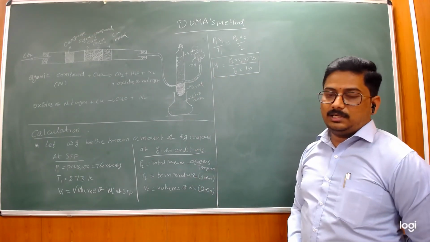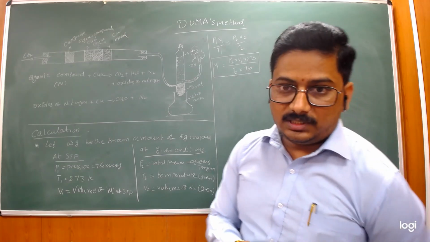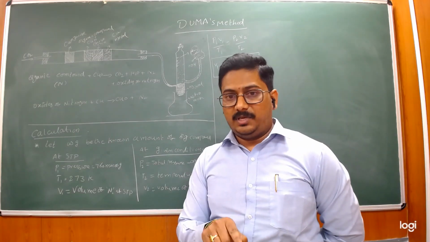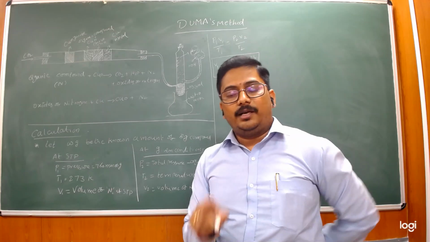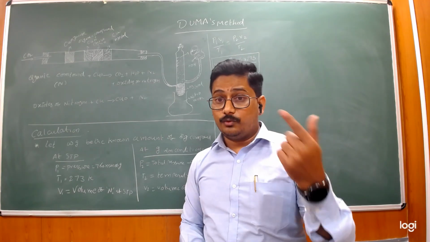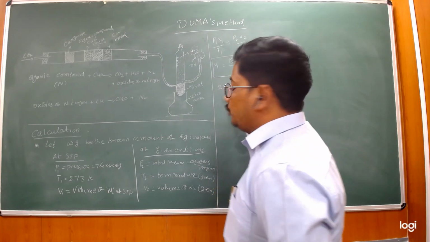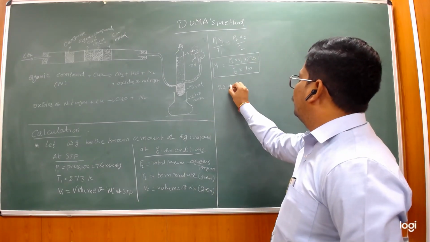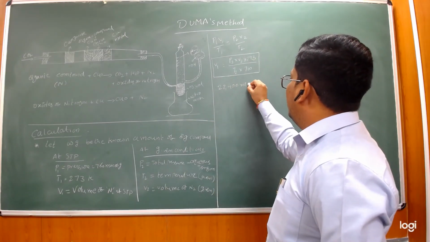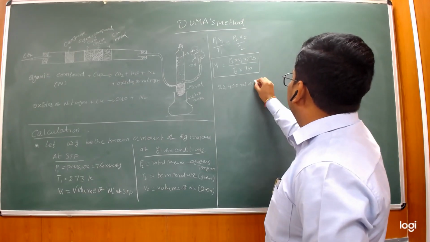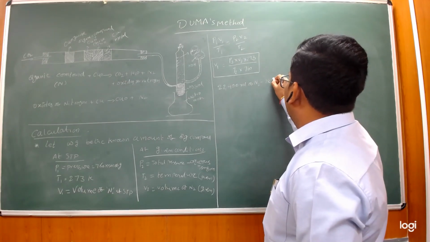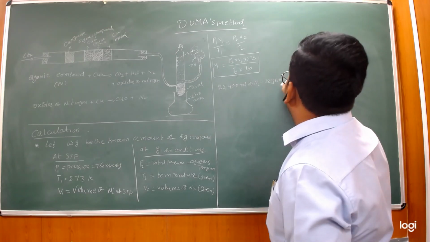But we know that 1 mole of nitrogen at STP is 22,400 ml. Okay? So you know that 22,400 ml of N2 contains 28 grams of N2.